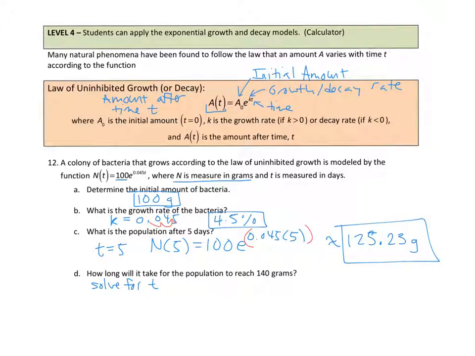So we set 140 equal to 100 e to the 0.045 t, and we are going to solve for t. To solve this equation, we first want to isolate the exponential part. So I'm going to divide both sides by 100.